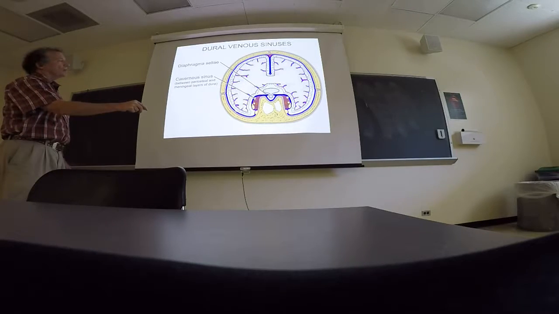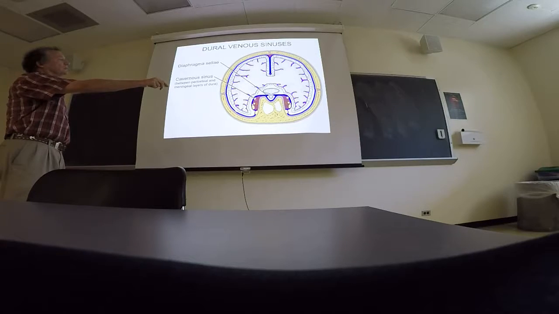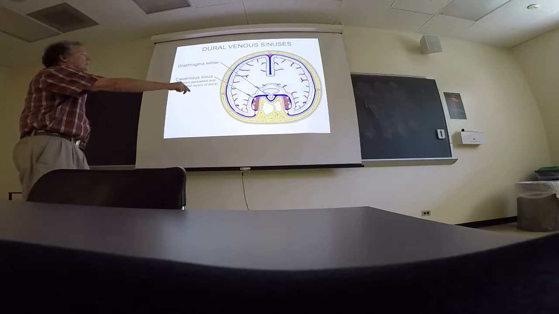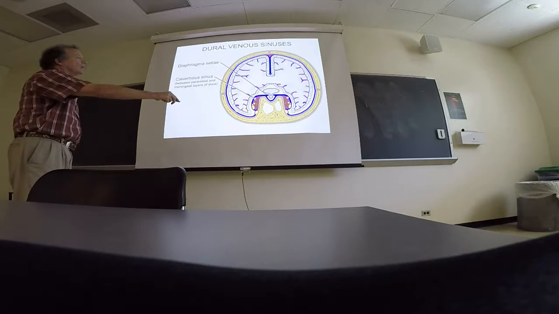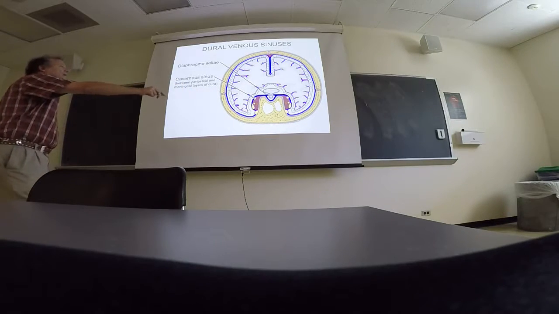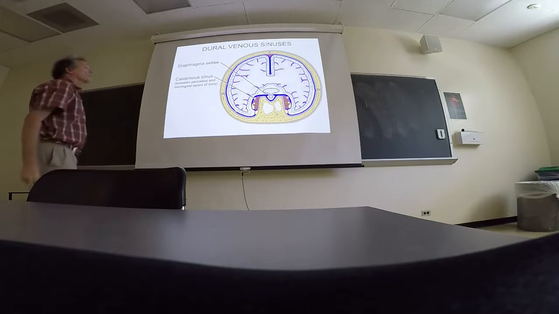The meningeal part deviates. Okay, so here's the diaphragma sellae there, wrapping around the pituitary. Here's this cavernous sinus. So there's the meningeal part of the dura out there. There's the periosteal part of the dura staying with the bone in this sphenoid region. These are your sphenoid air sinuses.